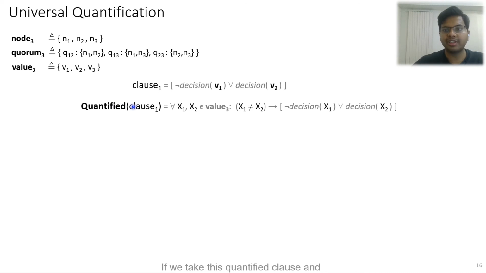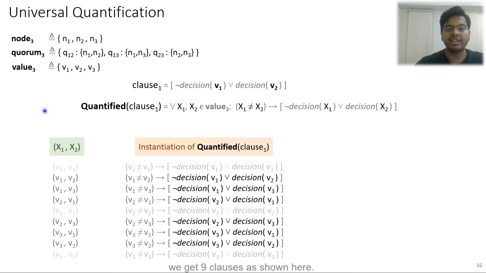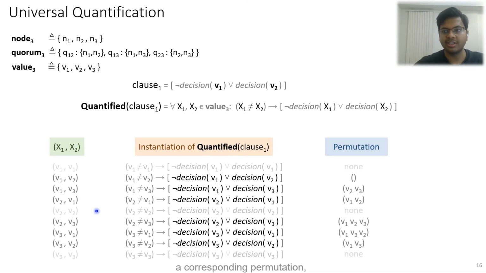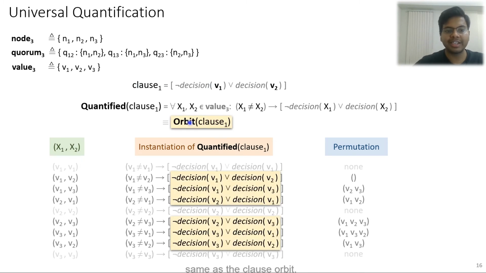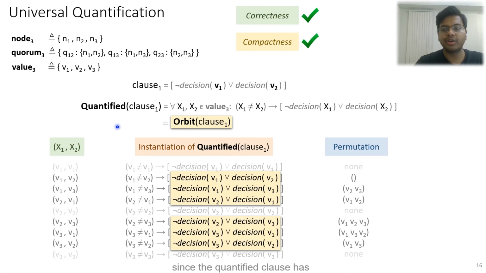If we take this quantified clause and instantiate it for this finite domain, we get 9 clauses as shown here. 3 of them trivially simplify to true, while each of the remaining 6 clauses have a corresponding permutation that makes it symmetrically equivalent to this original clause 1, and together exactly the same as the clause orbit. This ensures correctness and further compactness, since the quantified clause has just 2 quantified variables.